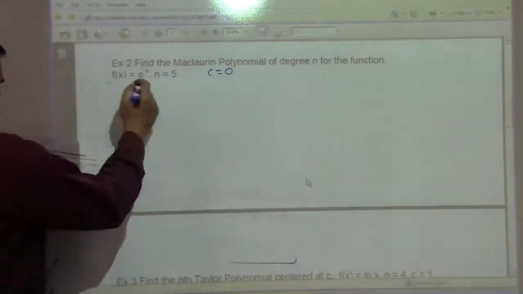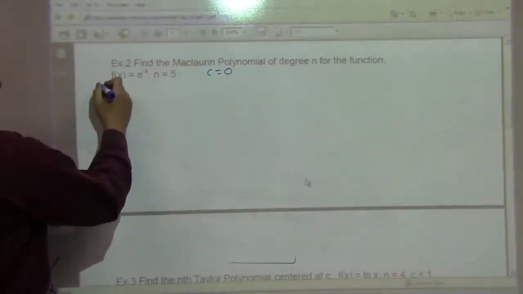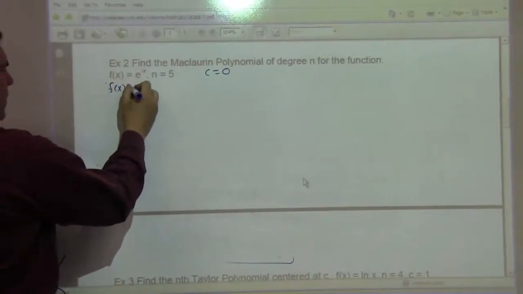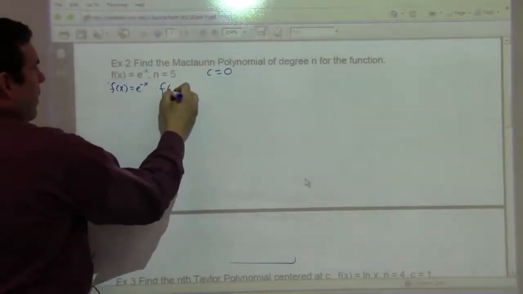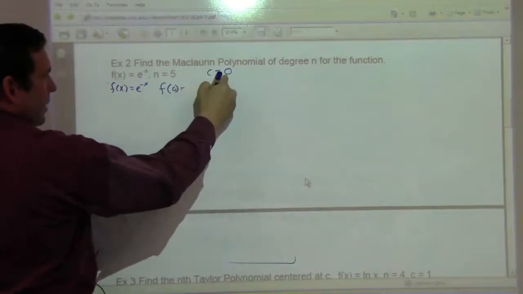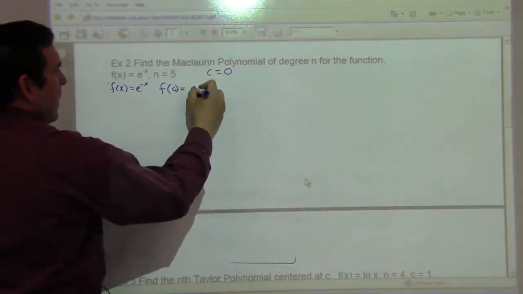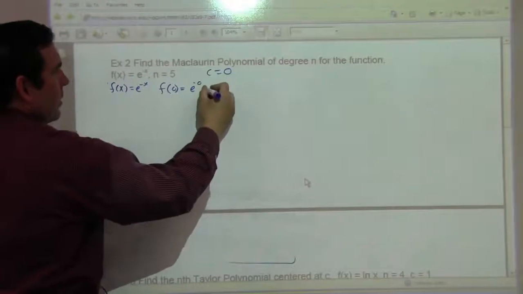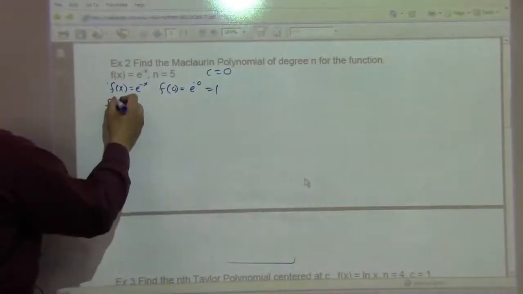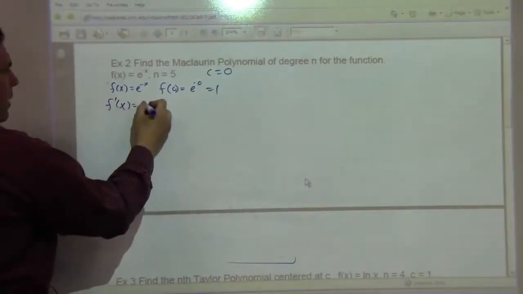So our initial one, f of x is e to the negative x. F of 0, because our c is 0 here, is e to the negative 0, which is just 1. Our first derivative is going to be negative e to the negative x.